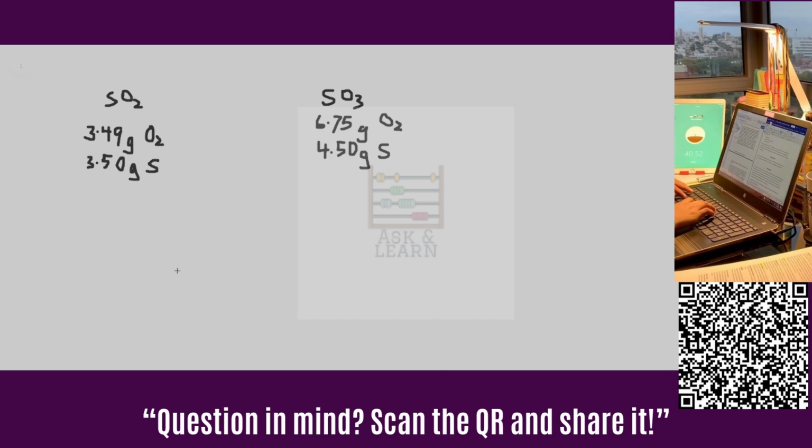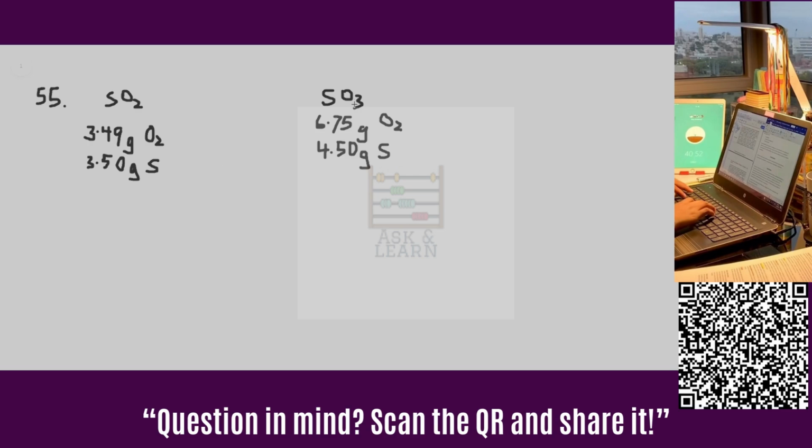Solving question number 55 of Tro's Chemistry: Structure and Properties. In this question, sulfur and oxygen form both sulfur dioxide for one sample and sulfur trioxide for the other sample. When these samples decompose, for the sulfur dioxide sample, we end up forming 3.49 grams of oxygen and 3.50 grams of sulfur.